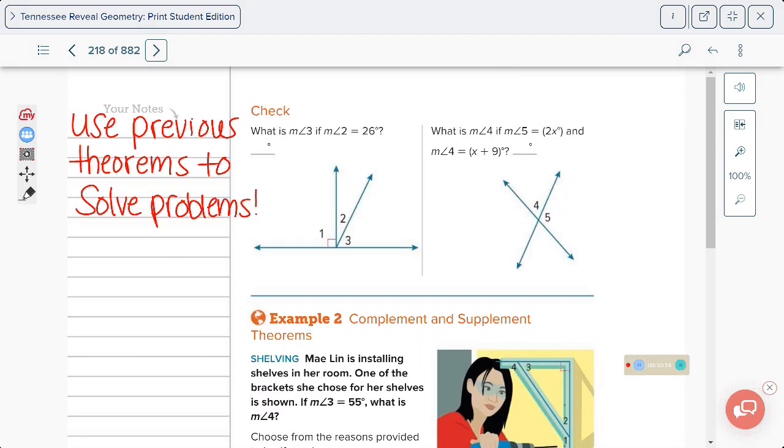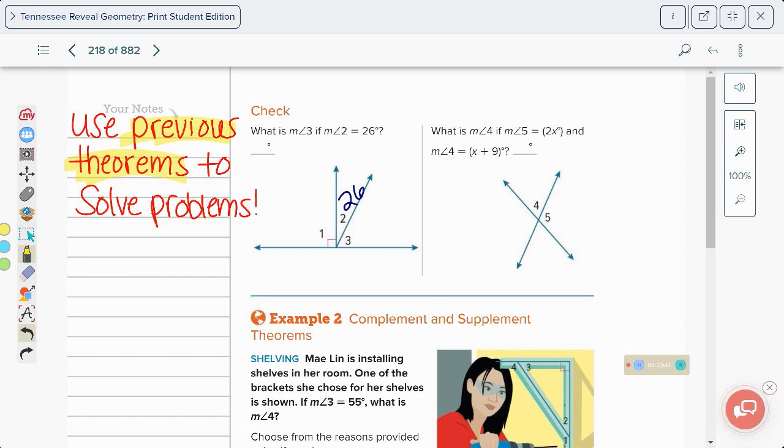Okay, so turning to the next page here, we're not completing proofs, but we are using the previous theorems and postulates that we saw on the previous page. We're going to use those to help us solve, okay? So the first check problem, it says, what is the measure of angle 3 if angle 2 is 26?